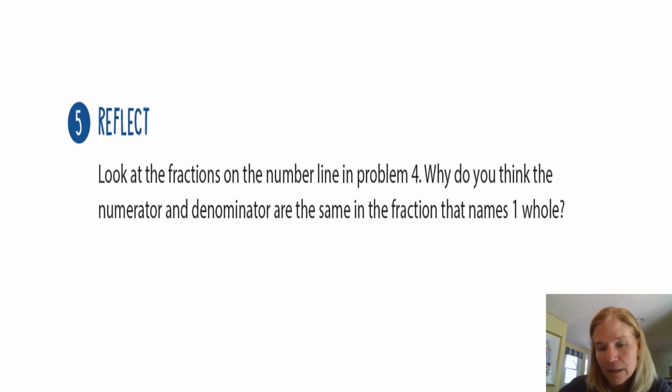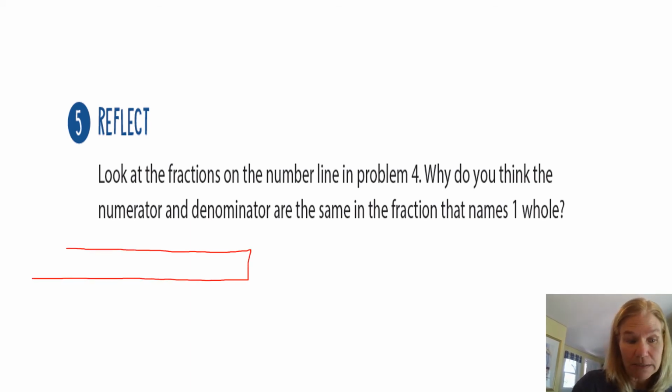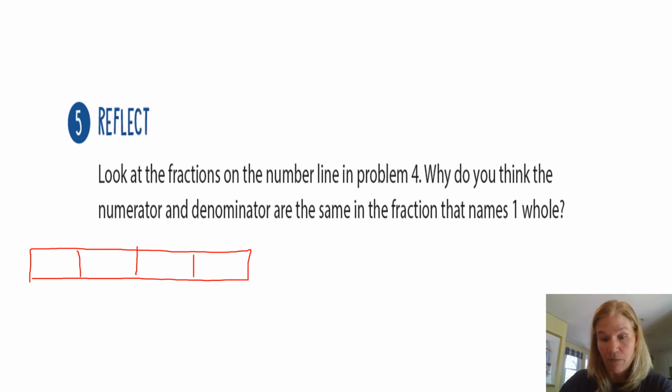Okay, we're going to take a look at the reflection question here. And it wants us to look at the fractions on the number line in problem 4. Why do you think the numerator and denominator are the same in the fraction that names one whole? And what they were saying is on our number line, we had a box, a rectangle, that was divided into 4 equal parts.